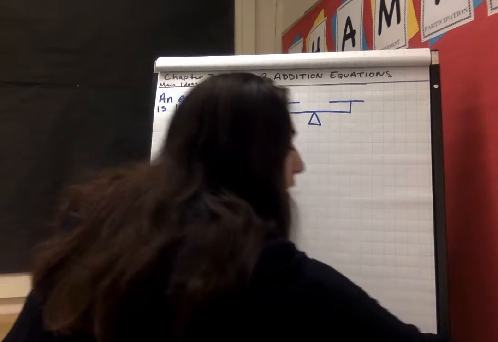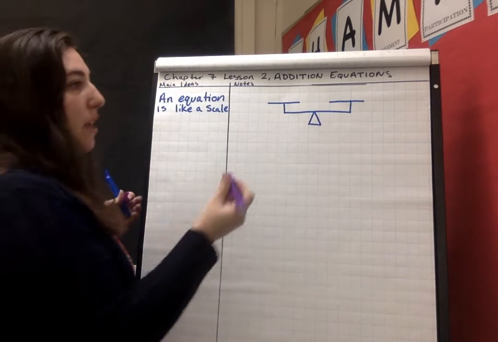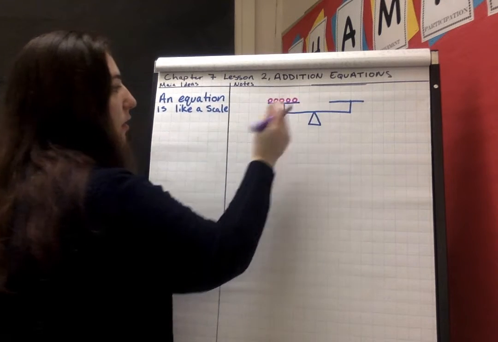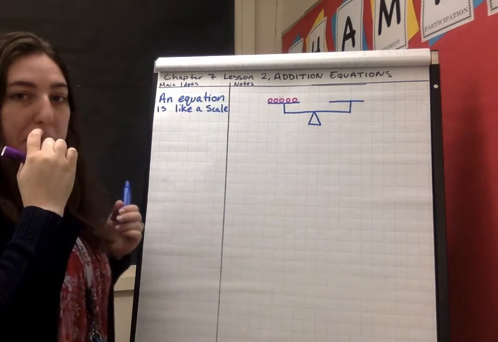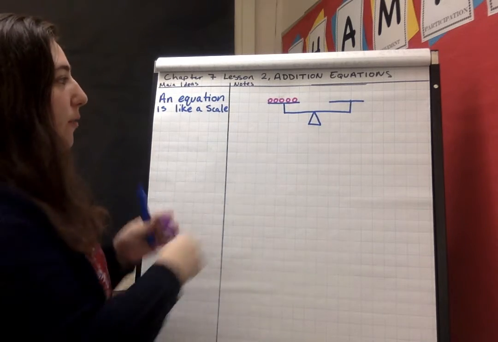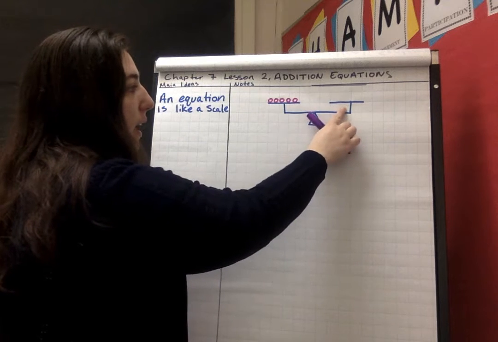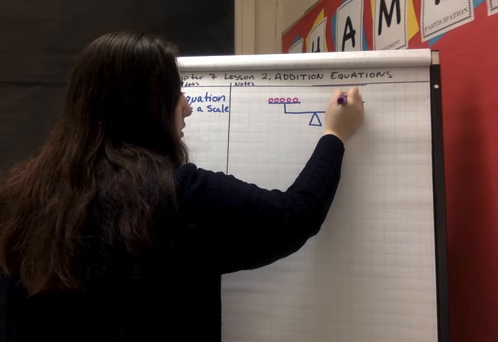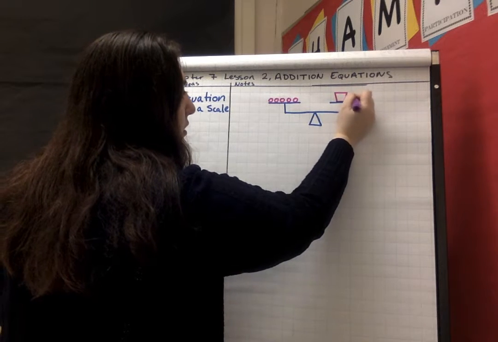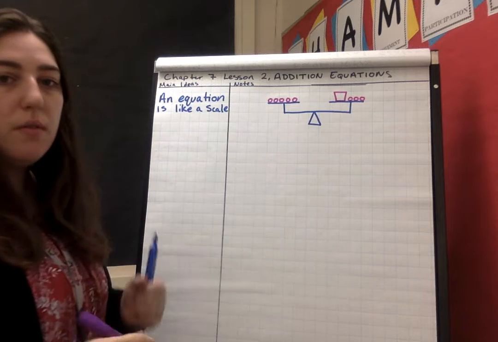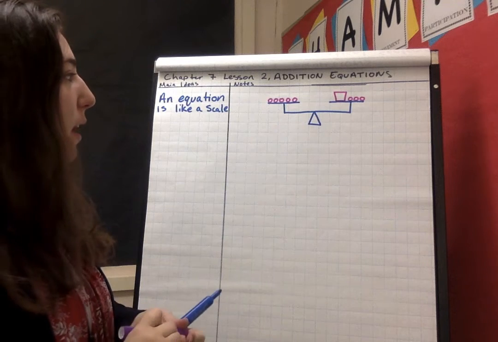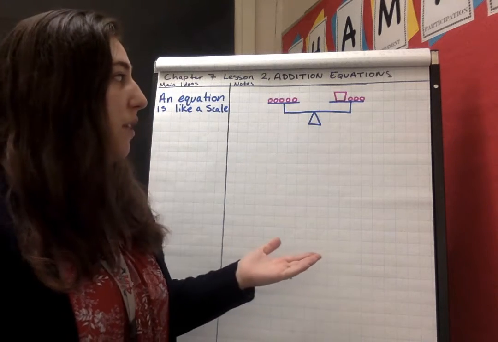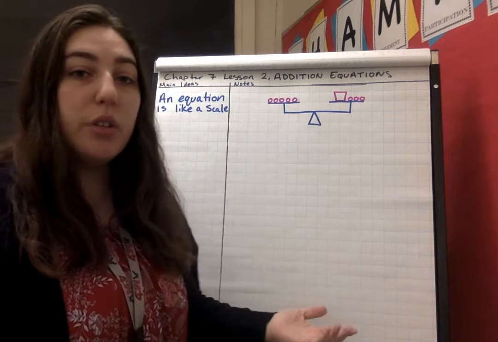So on our scale today, we have 5 counters on this side, and counters are just like weights. Okay, so we have 5 weights on this side, and on this side we have a cup and 3 counters. In this cup we don't know how much it weighs. We don't know how many counters are in it.